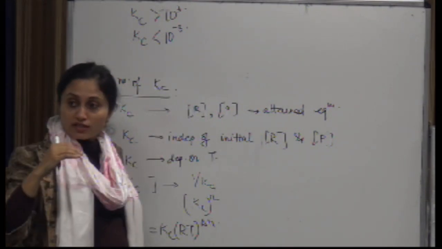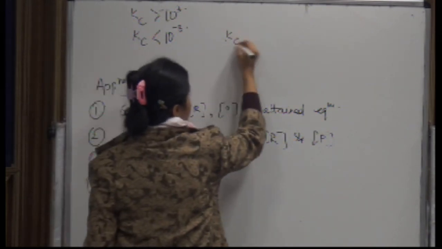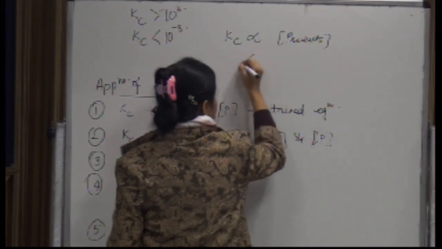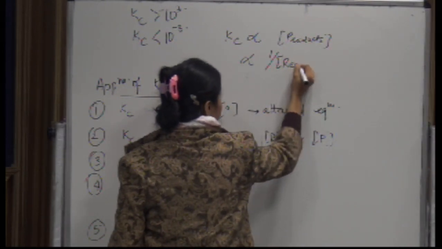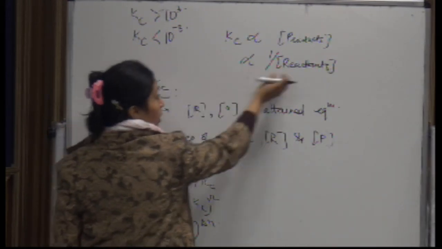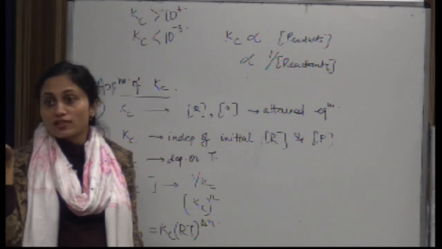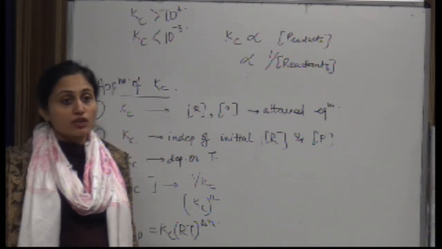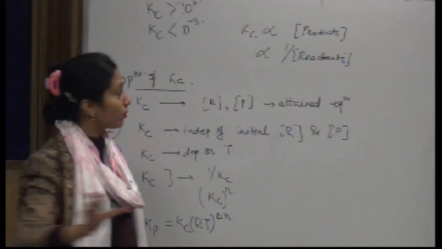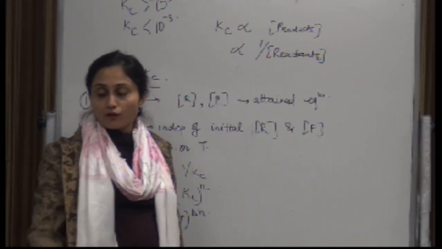You know that Kc is directly proportional to the concentration of products and inversely proportional to the concentration of reactants. So if the Kc value is very low, then the reactant concentration is very high, which means the products are negligibly formed, so the reaction is rarely proceeding in the forward direction.